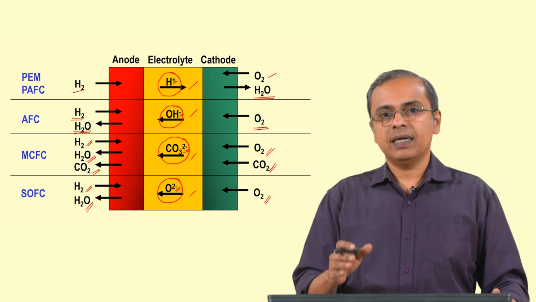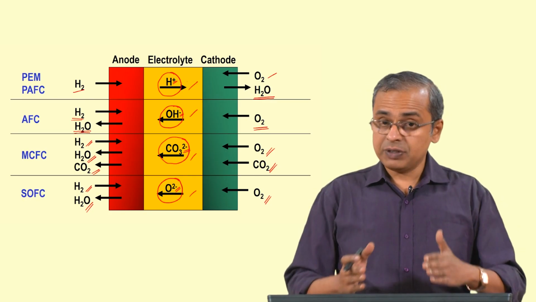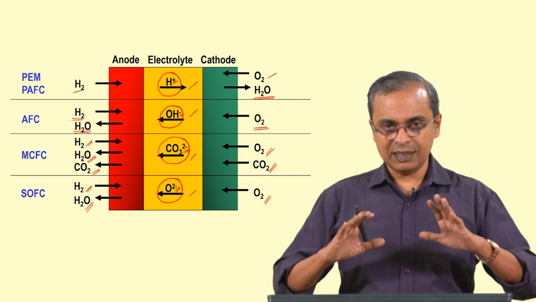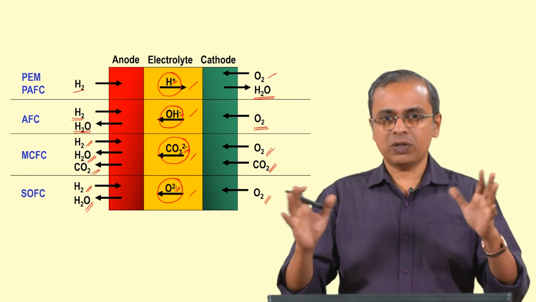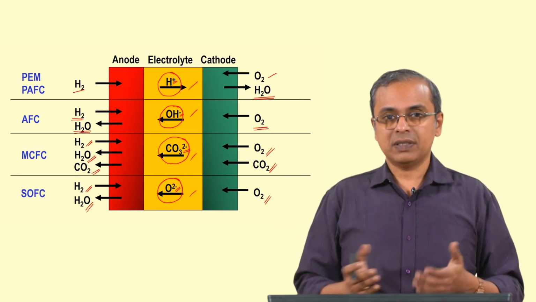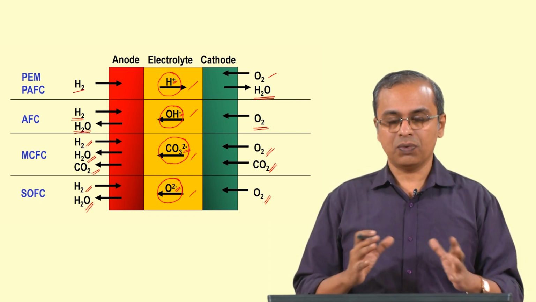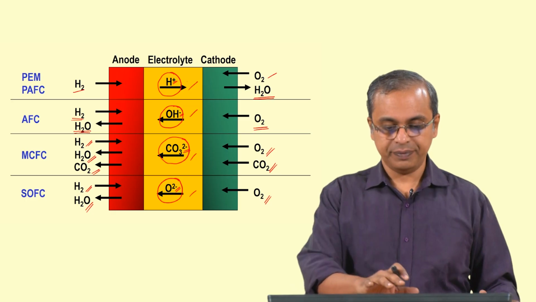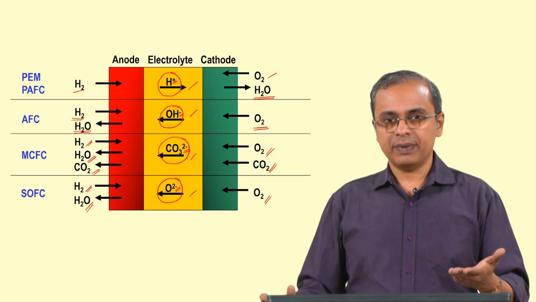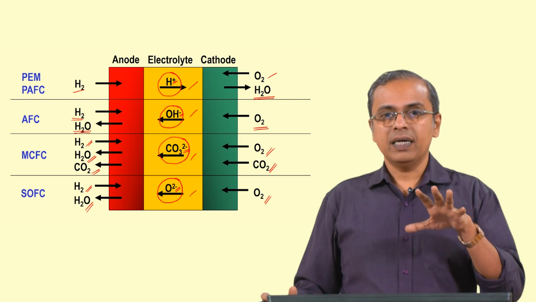But you can see here through this table already that there is a lot of detail involved in it, and we have still not spoken about the materials themselves, what kind of materials and what issues are there with respect to these materials. This is just broadly what the reactants arriving are, what is moving from where to where, what are the conditions under which it is moving, and how that is impacting the overall selection of reactants and where the product will appear, etc. And incidentally, these 5 types of fuel cells that I am discussing with you are really the most prominently known types of fuel cells.